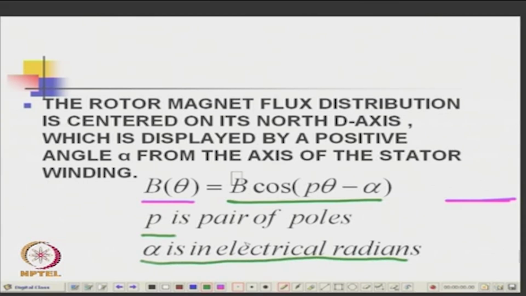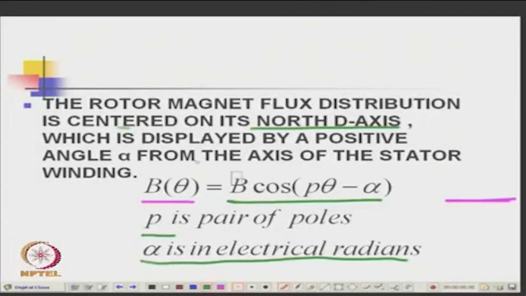So the rotor magnet flux distribution is centered on its d axis, and the d axis is displaced by an angle alpha from the axis of the stator winding. The d axis is away from the A axis, but it will go on changing with time as it rotates.